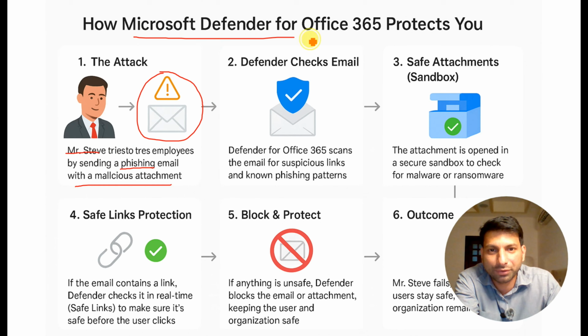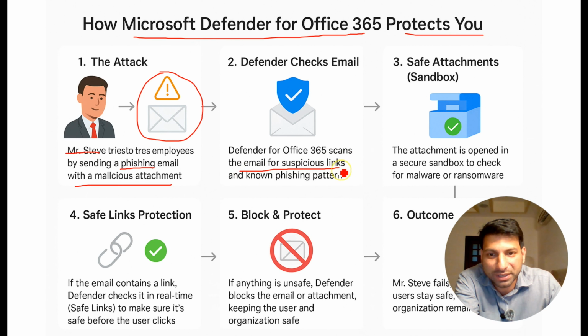So how does Microsoft Defender for Office 365 protect you? When he sends the email to our organization, Defender for Office 365 scans that email for suspicious links and known phishing patterns.